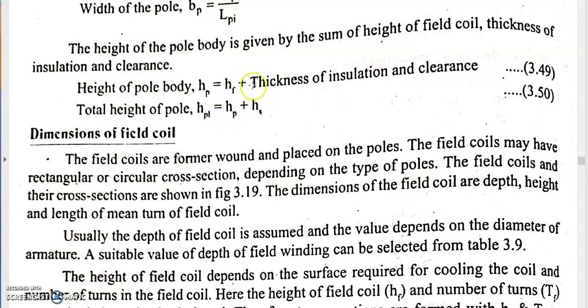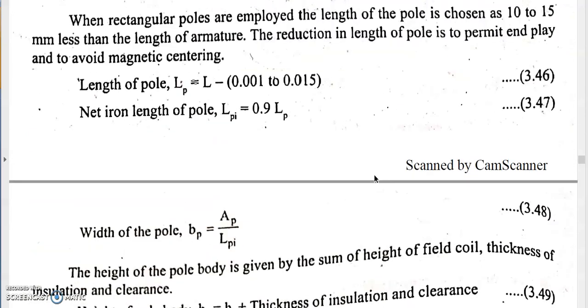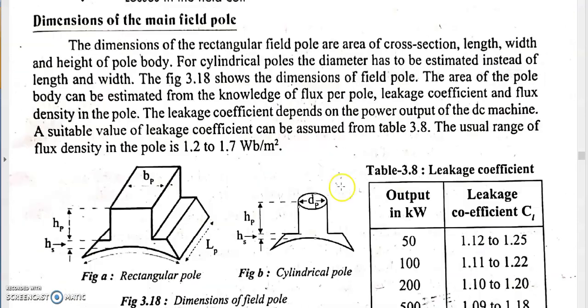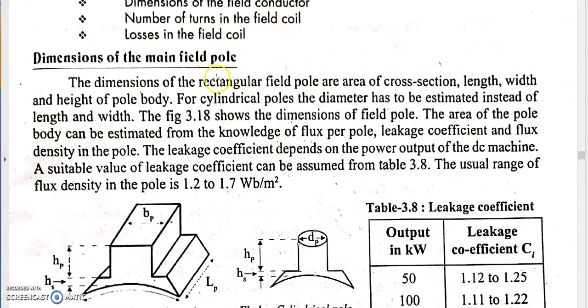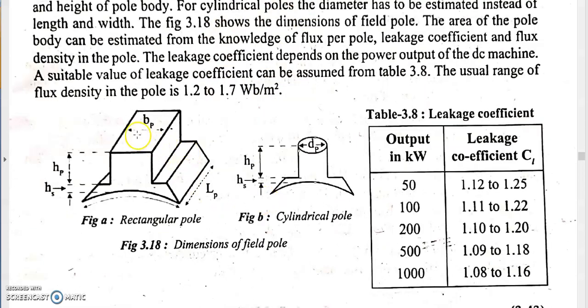HP in turn is height of the field winding plus thickness of insulation and clearance. So that will give the dimensions of the pole. So we have completed dimensions of the main field pole, that is width, length and height of the field pole in a rectangular section. If it is a circular pole, we have calculated the diameter and height of the field pole.